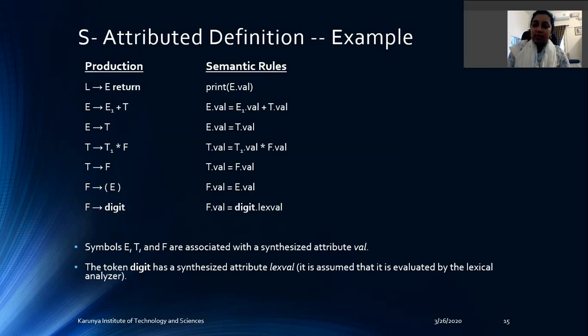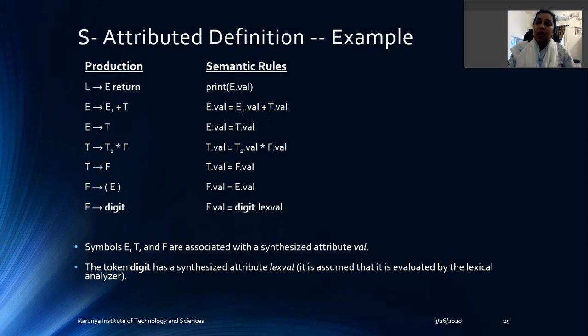In a syntax directed definition, if we are giving importance to the evaluation of attributes, here the attributes are val and lexval, that are associated with any grammar symbol, we call it an attributed definition. Now this attributed definition can be of two types. One is S-attributed definition and the other one is L-attributed definition. Now we'll see what an S-attributed definition is.